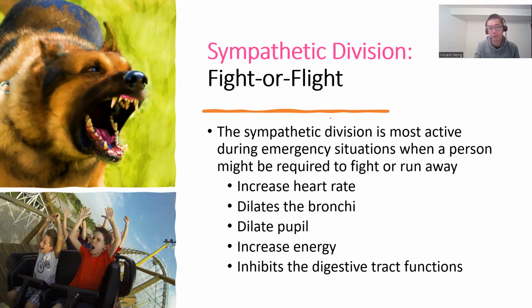So the sympathetic system is going to increase your heart rate. It's going to dilate your bronchi so you can increase your breathing, dilate your pupil so you can see better, increase energy output. This is not the right time to think about digesting your food, so you will inhibit your digestive system.